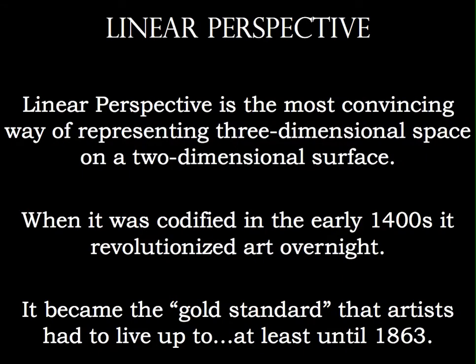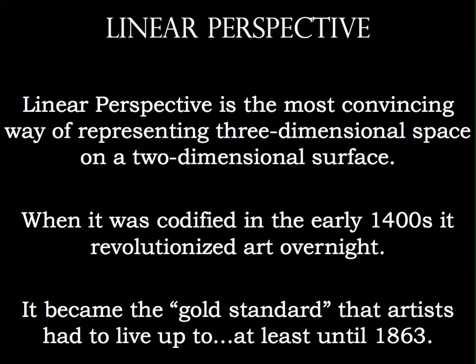So now we're going to spend some time talking about linear perspective, and this is one of the most important elements we need to take away from this chapter. Linear perspective is the most convincing way of representing three-dimensional space on a two-dimensional surface. When it was codified in the early 1400s, around 1428, it revolutionized art.